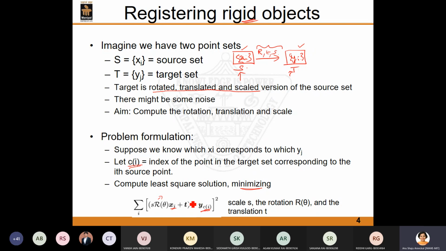I take the square of that difference and then take the mean or average of that. So that gives me a least square solution.